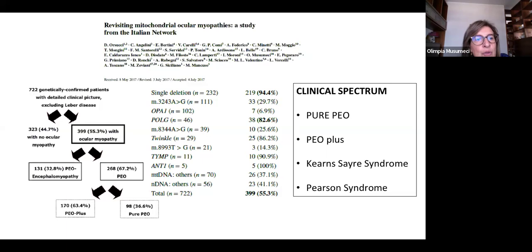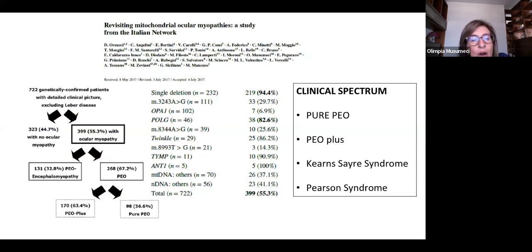In this review, from about 700 genetically confirmed patients, more than half had an ocular myopathy, either isolated or less commonly associated with involvement of the central nervous system.